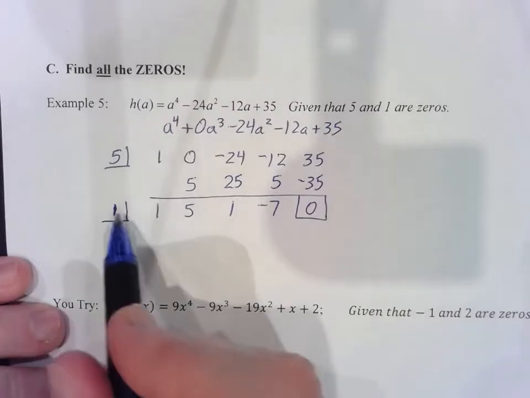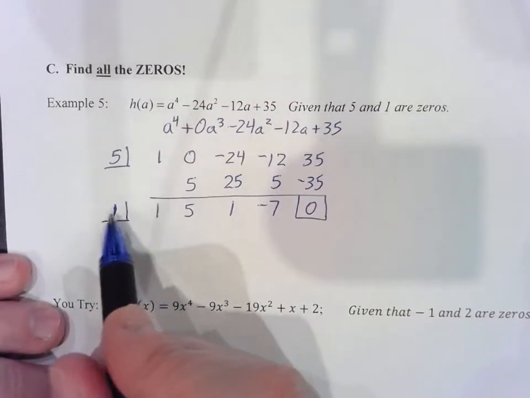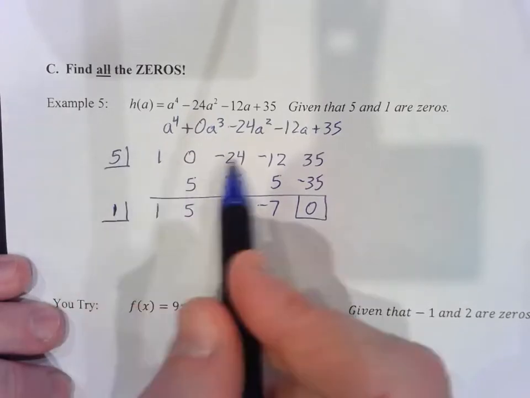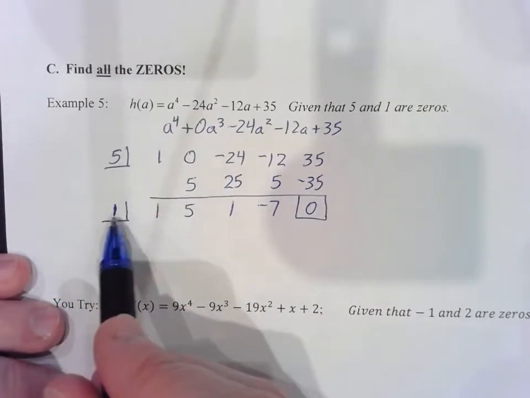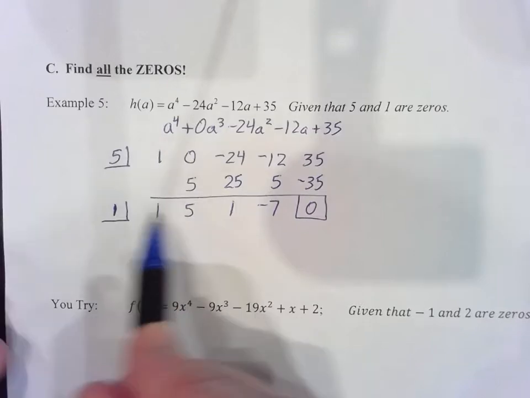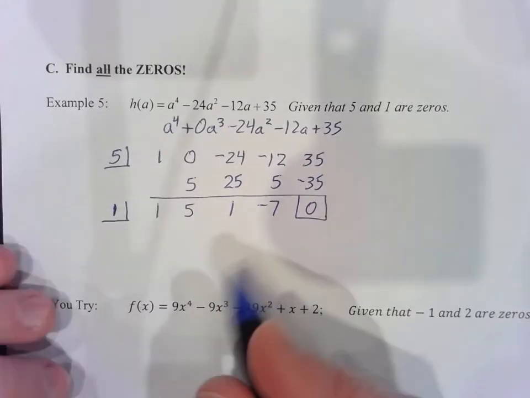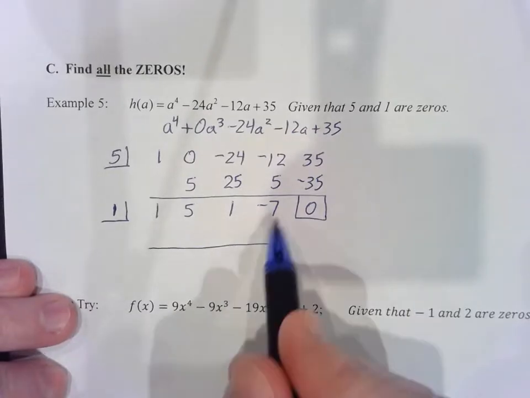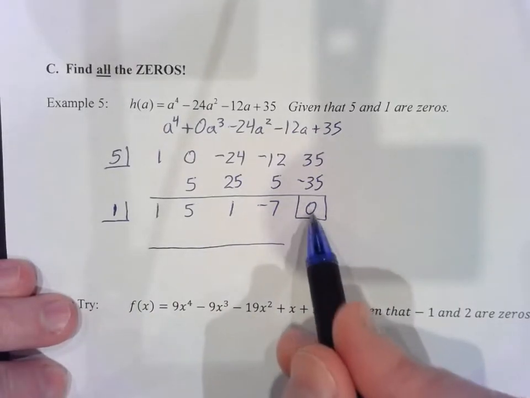And so I want to divide a minus 1 into this polynomial. So I already factored out a minus 5 from the original, and so what I'm left with should be a minus 1 times something else. So if we do synthetic division with the remaining part, not with the 0, that was the remainder.